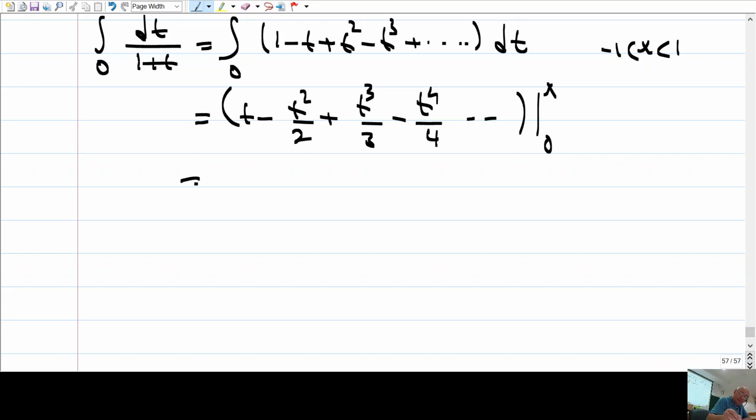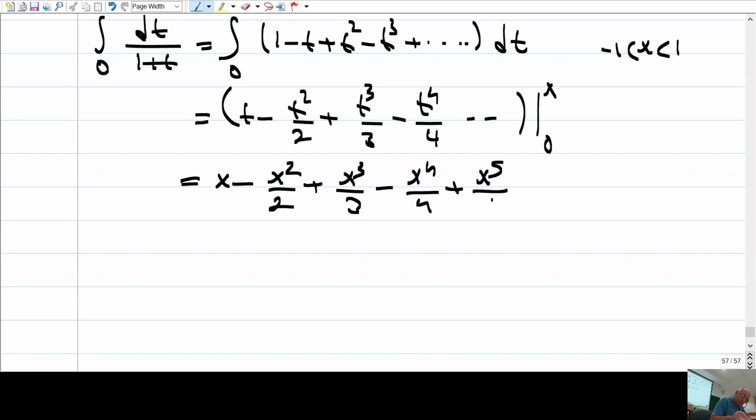Okay, what is the result? When you plug x, you get x here. When you plug 0, you just get 0, right? So the result is just this. So it goes like this.